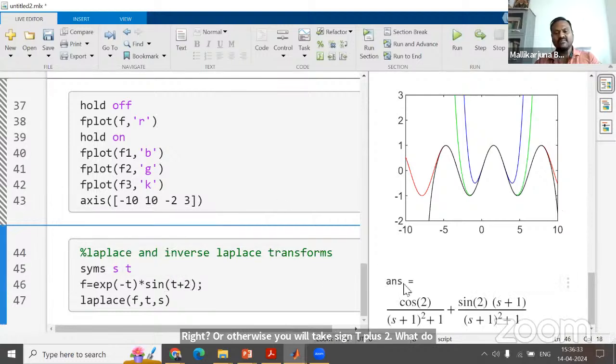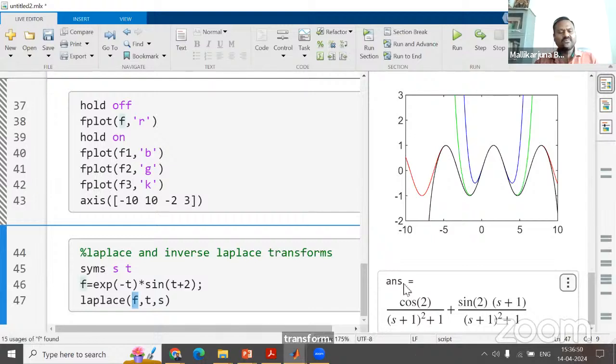What will you get? You just change the function, then it will give the result. It's the Laplace transform of the function f. This function is in terms of t, and you are converting it into the other domain.